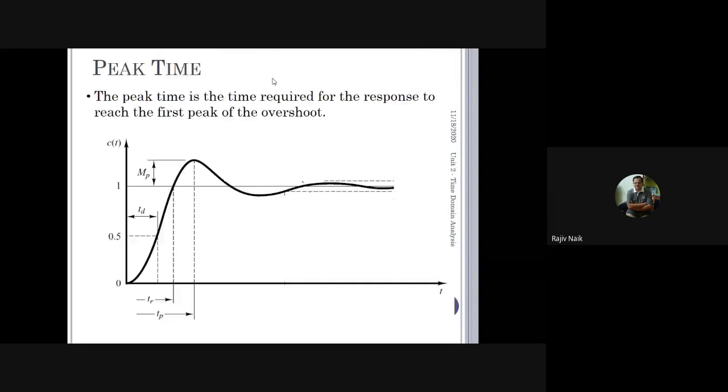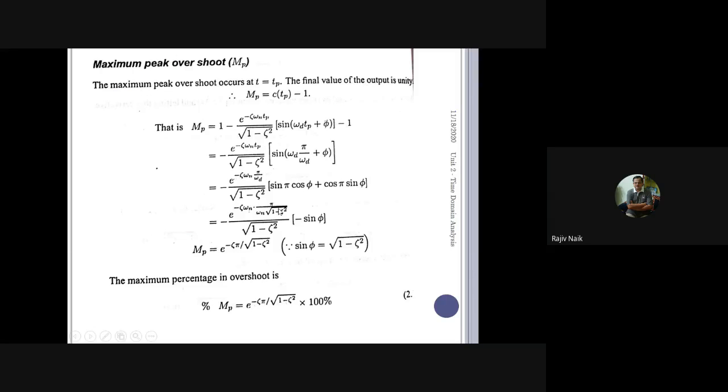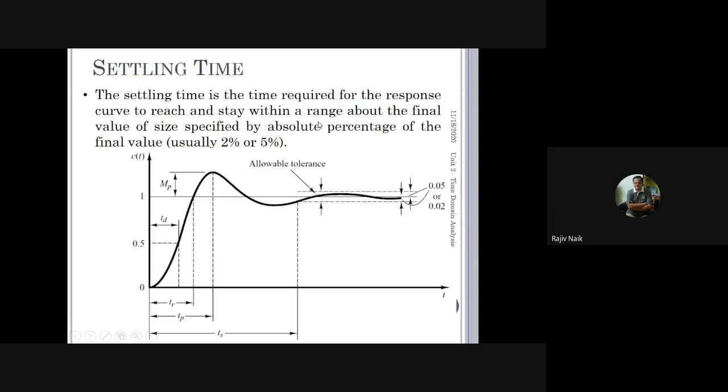We are going to find the normalized difference between this line and this line. This is 1 and this is the peak. So you can get MP is equal to C(Tp) minus 1, because the time taken to reach this peak value is equal to Tp.